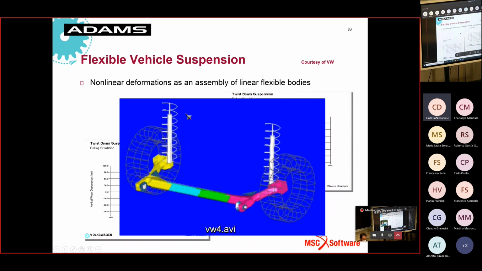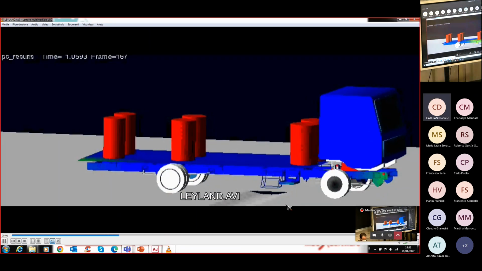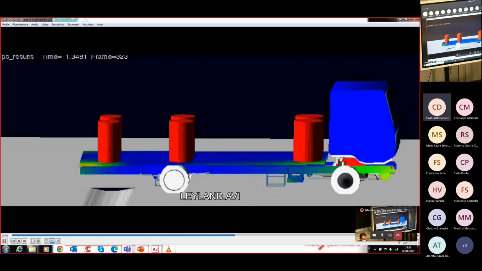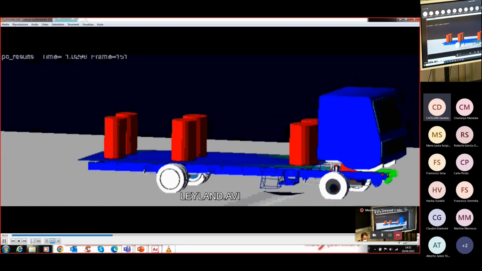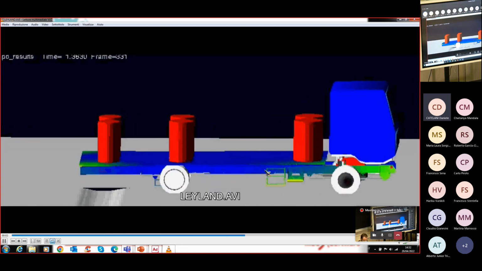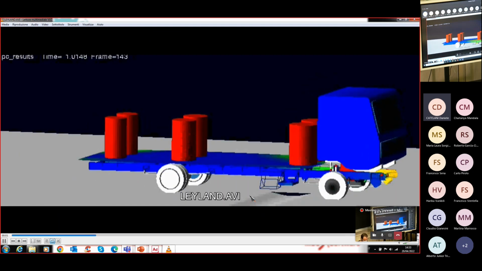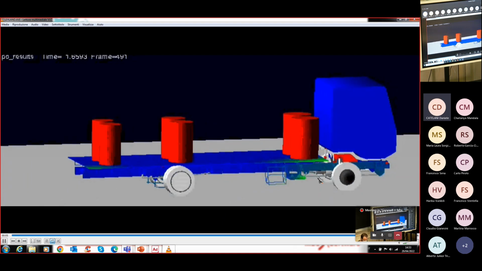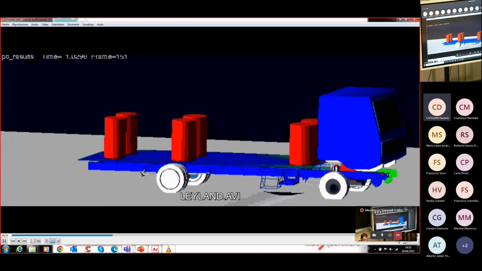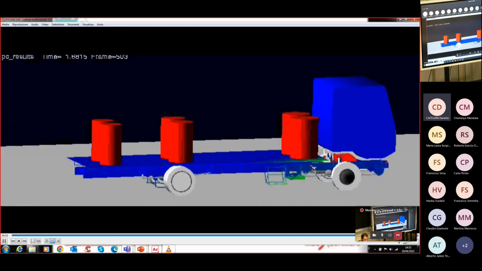Or, for example, you have this truck entering in a hole. So if you want to evaluate the distribution of stress on the flexible frame here, you need to run this analysis, changing the speed, the height of the hole, the radius of the curve, the distribution of the payload on the flexible frame.